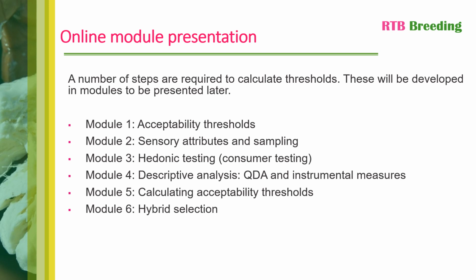The second module deals with the choice of sensory attributes and sampling. Module 3 deals with consumer testing. Module 4 will present descriptive quantitative analysis and instrumental analysis. And in Module 5, we will explain how to calculate acceptability thresholds. And finally, Module 6 will show you hybrid selection.